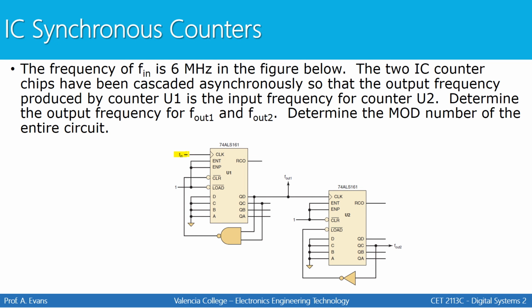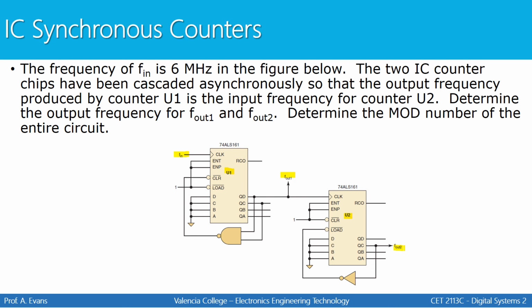The two IC counter chips have been cascaded asynchronously, so that the output frequency produced by counter U1, that's this one, is the input frequency for counter U2. Determine the output frequency for Fout1 and Fout2. Determine the mod number of the entire circuit.